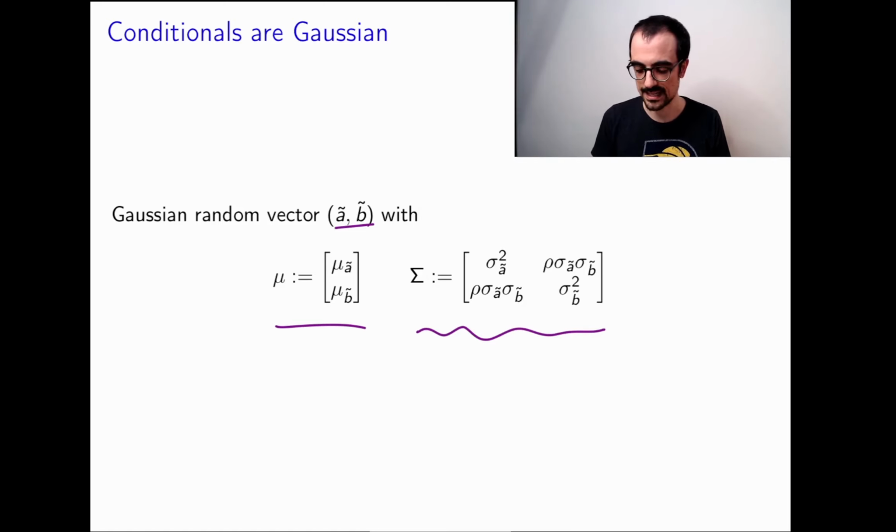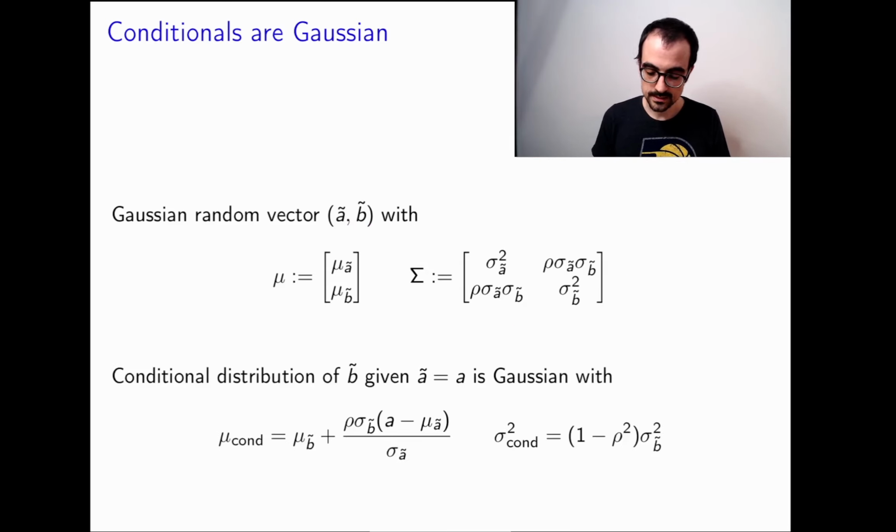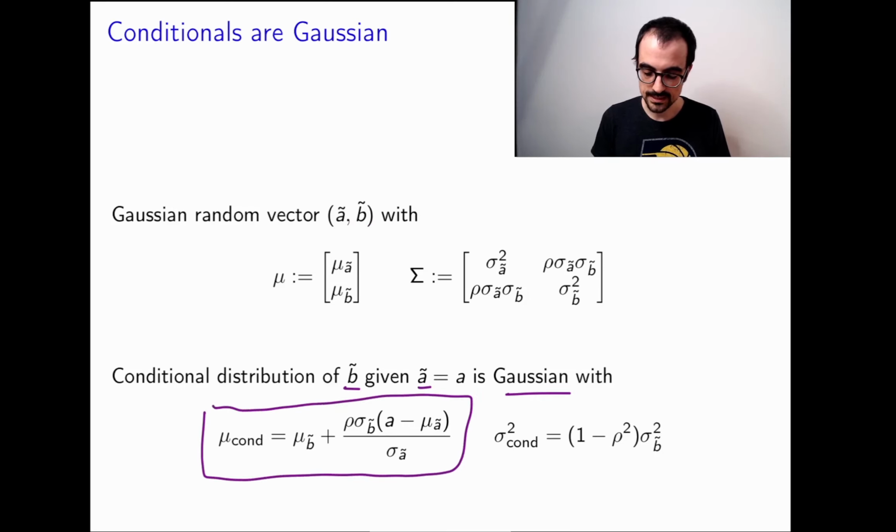In this case, it's an ellipse because it's in 2 dimensions. If we parameterize the covariance matrix in this way, then it turns out that the conditional distribution of B given A is Gaussian with this conditional mean.